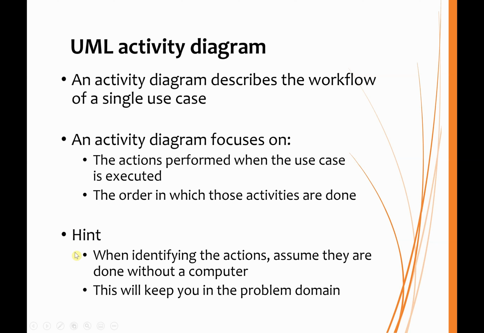What I find quite useful when identifying the actions is to assume that there is no computer in the world, which helps to keep me in the problem domain. If there is no computer, then you don't talk about a database, you don't talk about input and output, and that allows you to focus on the actual activity rather than the mechanism by which that activity is done.